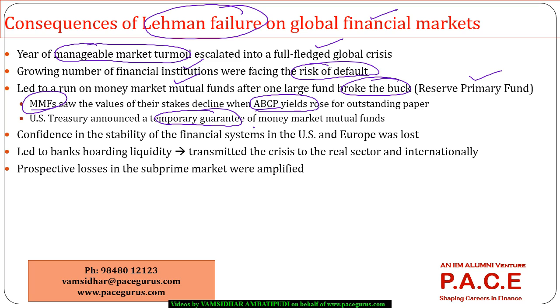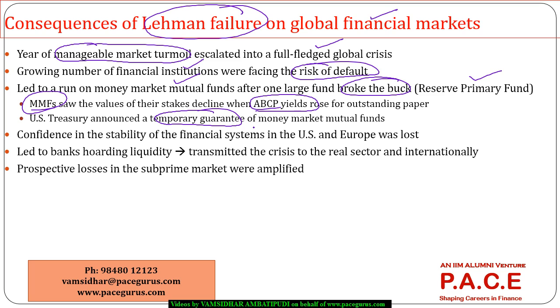Banks were hoarding their liquidity, and because there was not much lending and borrowing activity, all other sectors which were dependent on the banks started getting badly impacted, out of which the real sector got the biggest beating of all.